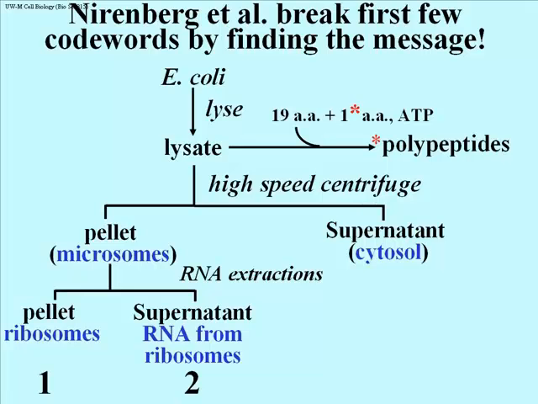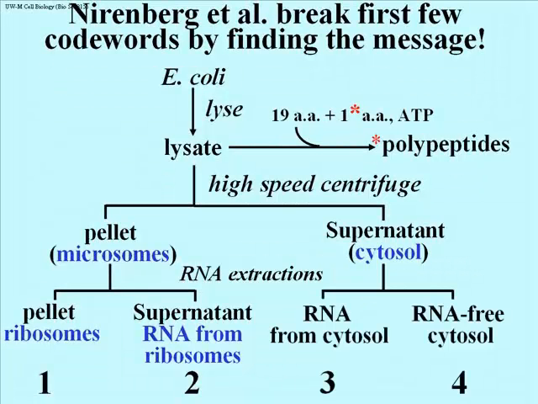This RNA from the ribosomes, shown here as fraction 2, was not ribosomal RNA. So the structure of the ribosome was intact, but some kind of RNA had been taken off of it. The supernatant was also extracted, specifically RNA was extracted from the cytosol to get, well, let's call it RNA from cytosol, fraction 3, and then an RNA-free cytosol. So these are the 4 fractions that Nirenberg ended up with.